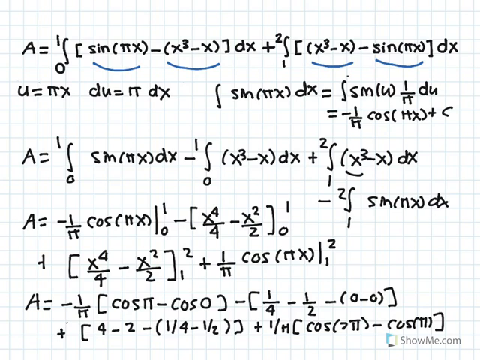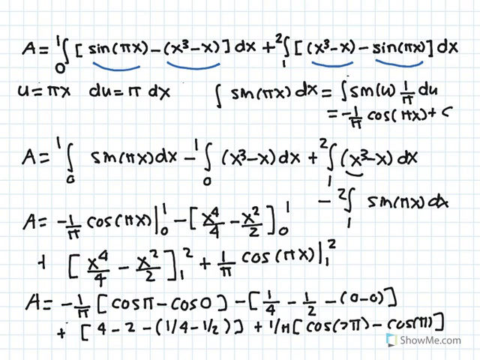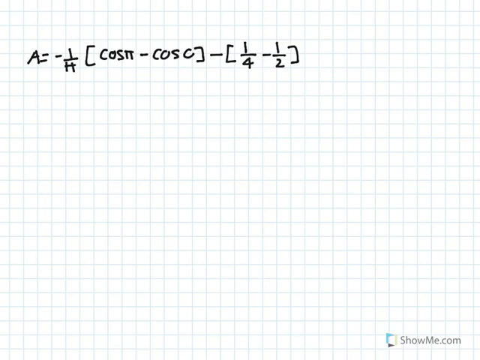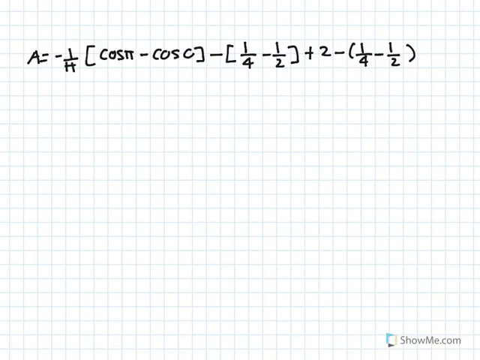And we have minus 1/4 minus 1/2, plus 2 minus 1/4 minus 1/2, plus 1 over pi times cosine 2 pi minus cosine pi.